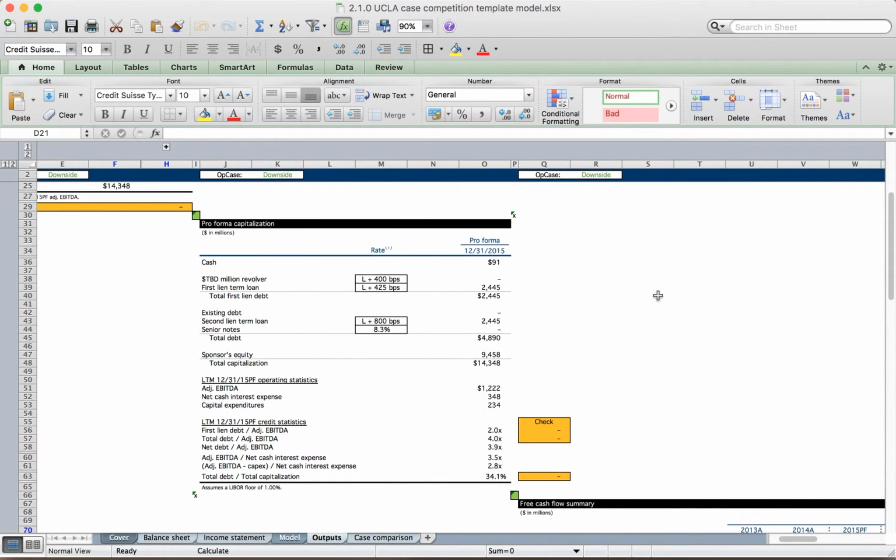And then below the cap structure there, we have some operating statistics. So our adjusted EBITDA for our 2015 pro forma income statement there. Then we have our net cash interest expenses and our capital expenditures.